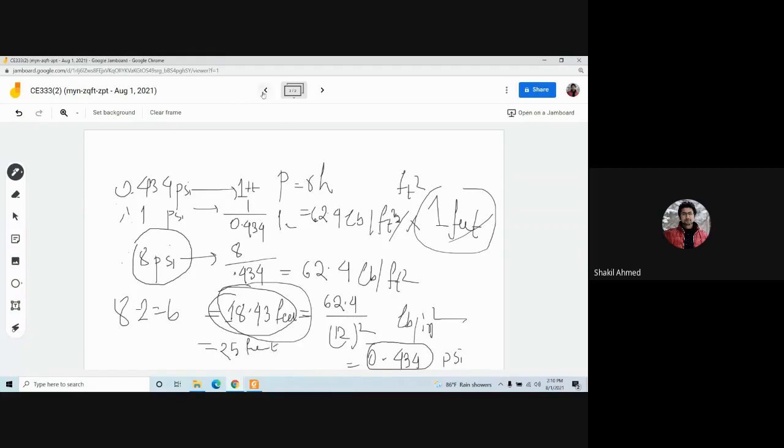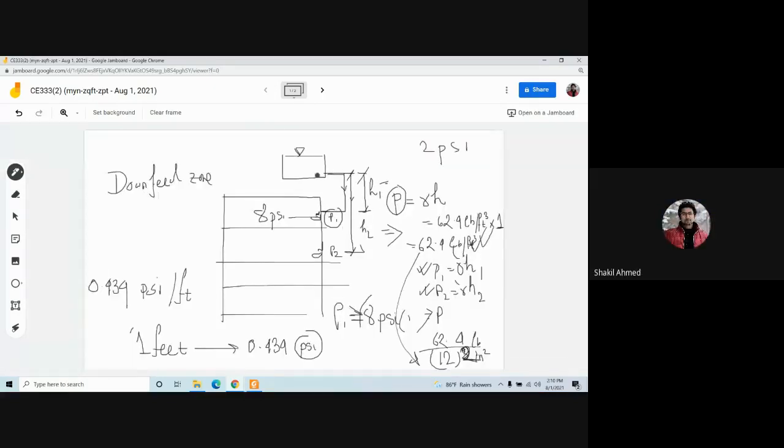So the minimum height of the overhead water tank from the topmost fixture of this building, that means this one, has to be this height. I'm talking about this height. It has to be at least approximately 25 feet. Is it clear to everyone?